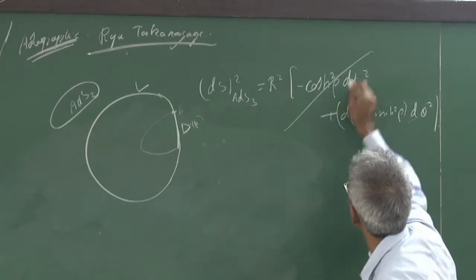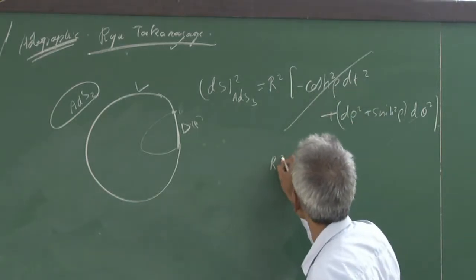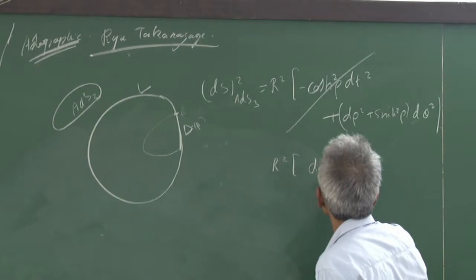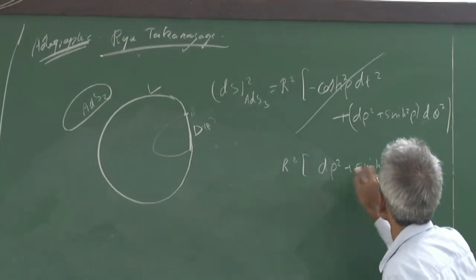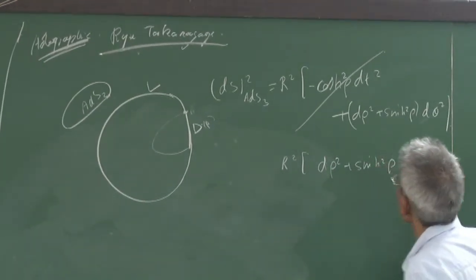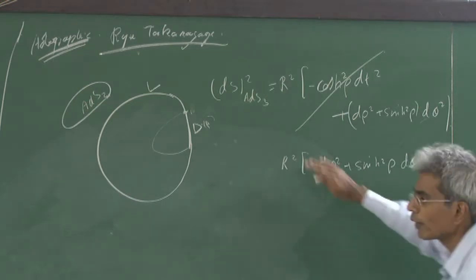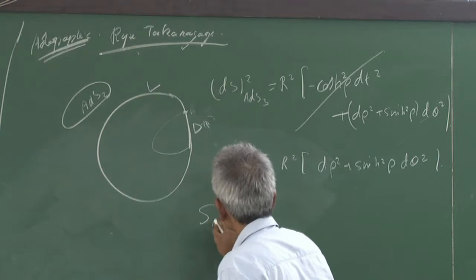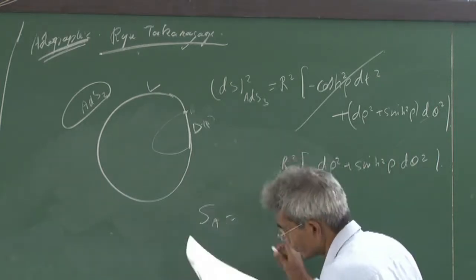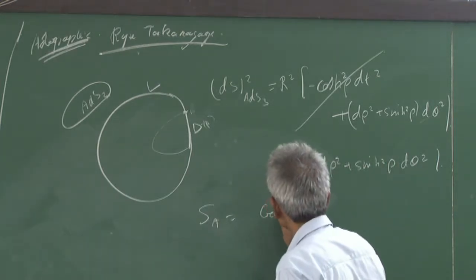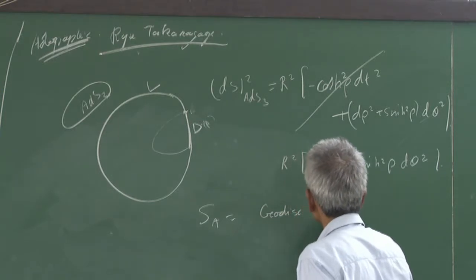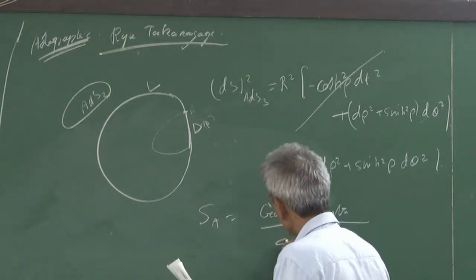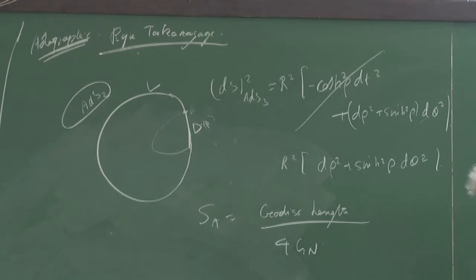This is basically a hyperboloid, and it's quite easy to compute geodesics on a hyperboloid, and then you evaluate the geodesic length. So you're instructed to compute the geodesic length divided by 4 G Newton in 3 dimensions.